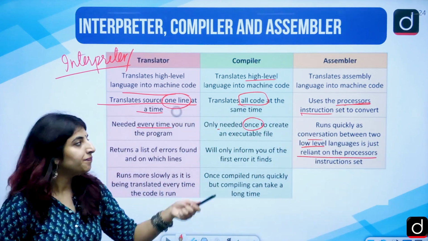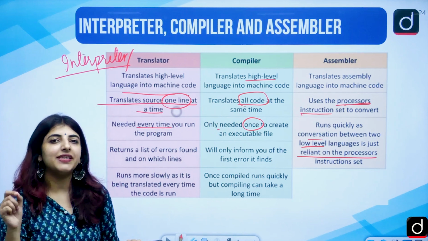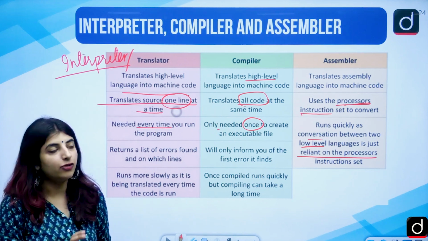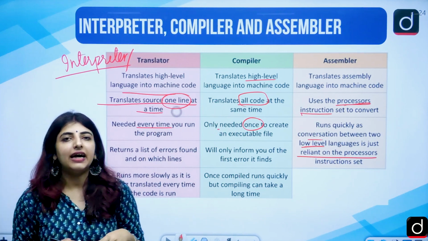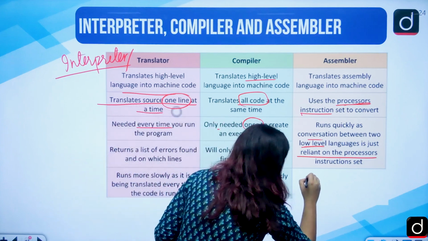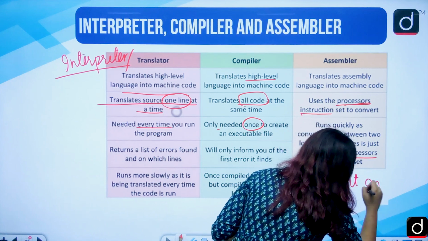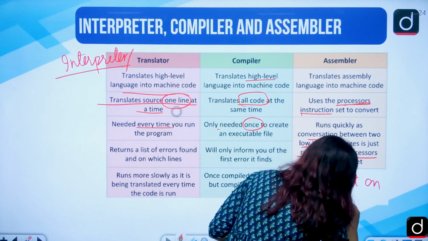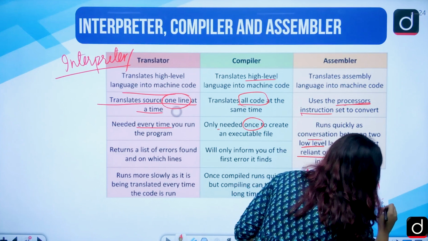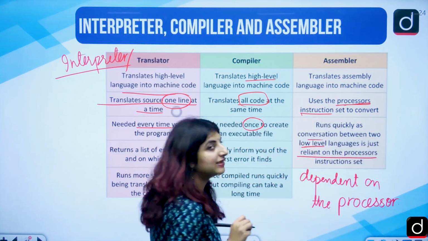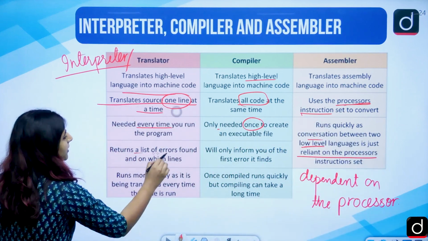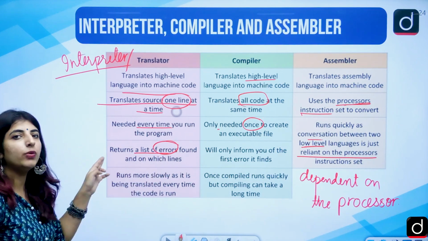So it runs quickly as a conversation between both the low level languages takes place, and it is reliant on the processor. One thing added for assemblers through this chart is that the assembler is dependent on the processor for any kind of instruction when it comes to translation. The compiler returns a list of errors found and on which lines.